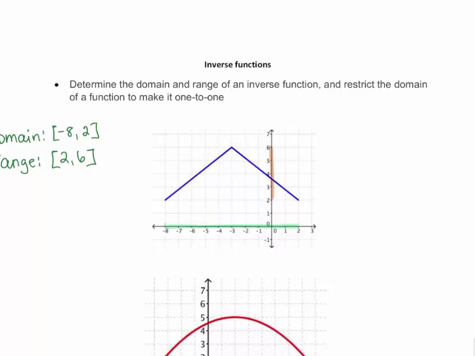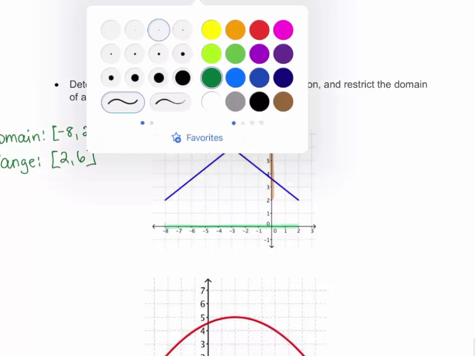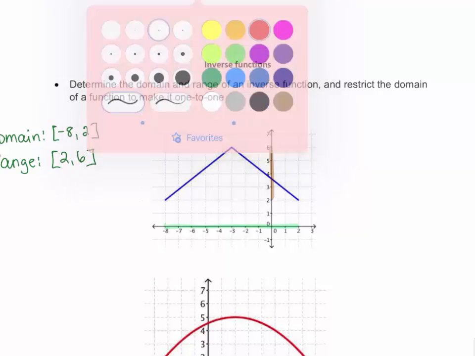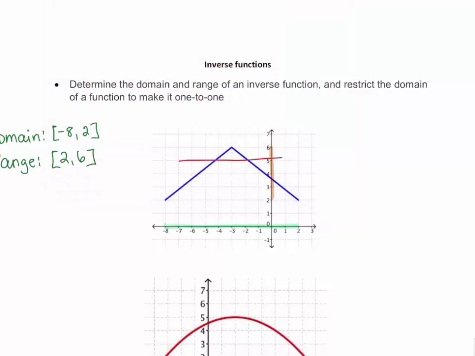This function is not one-to-one because if I were to make a horizontal line, I have 2 points where the line crosses the graph of this function, which means this function as is does not have an inverse.